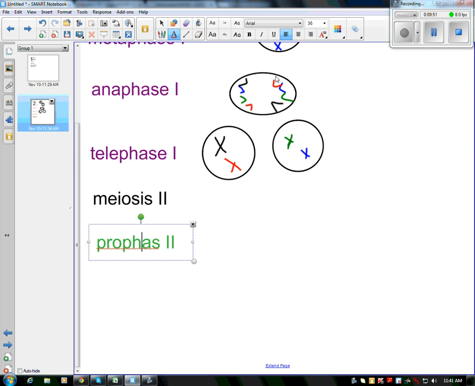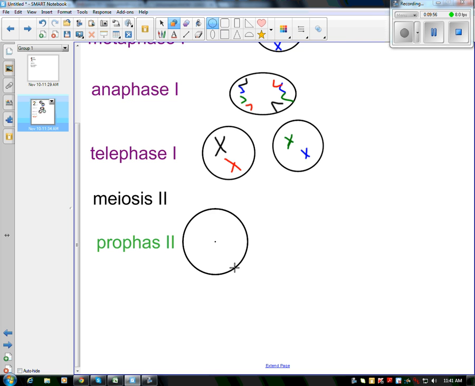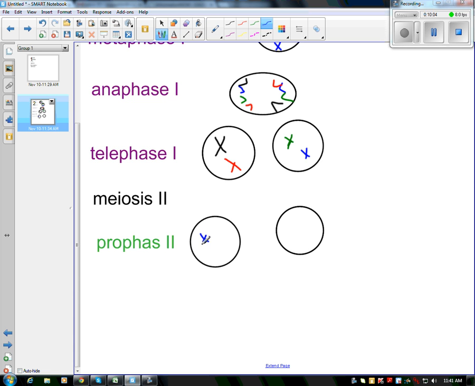And that's when we have our two daughter cells. Again, you have your random chromosomes hooked up. This did not go into interphase, so it did not duplicate its DNA. It's a normal cell that's got 23 pairs.